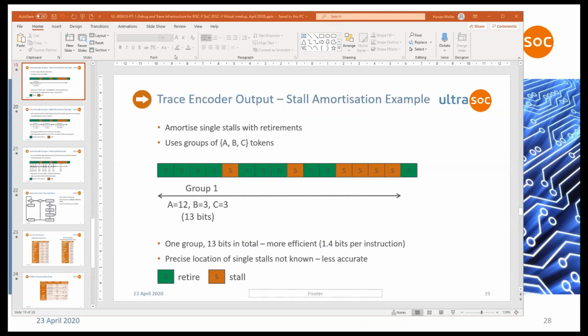How does UltraSoC debug and trace infrastructure for RISC-V compare to CoreSight technology? That's a good question. It's probably something that we can't answer super quickly, so please reach out.